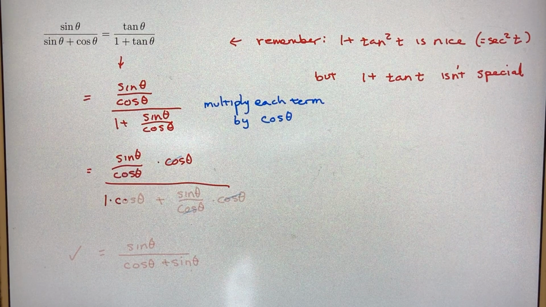So you're distributing cosine. Do a little canceling, and I have sine over cosine plus sine. What did I want? Oh, look, that's what I wanted. Yay.